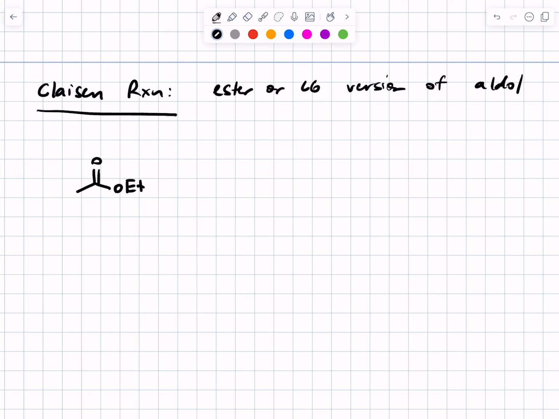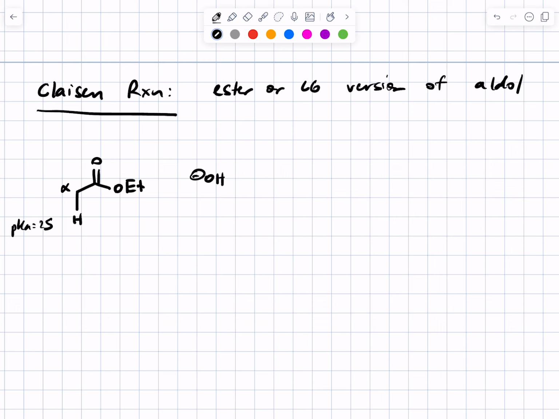We'll start out simple like we did with the aldol, the self-Claisen reaction in the same way that we did the self-aldol reaction. Now the pKa of the ester proton is around 25. So esters are less acidic than aldehydes or ketones. We need a base to remove the alpha proton.